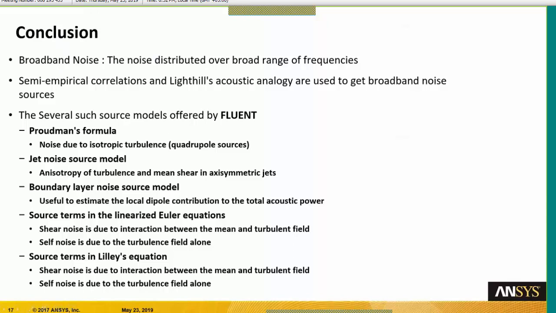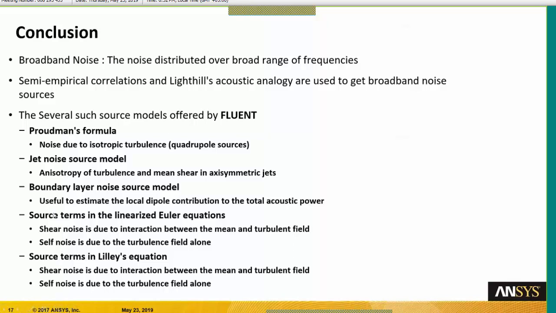So, concluding remarks: broadband noise is noise distributed over a broad range of frequencies. Semi-empirical correlations, like with the acoustic analogy, are used to get broadband noise sources for the first three models. And remember, you have access to these 5 models. The first 3 are typically based on local properties of the turbulence that are integrated on a volume or on a surface.